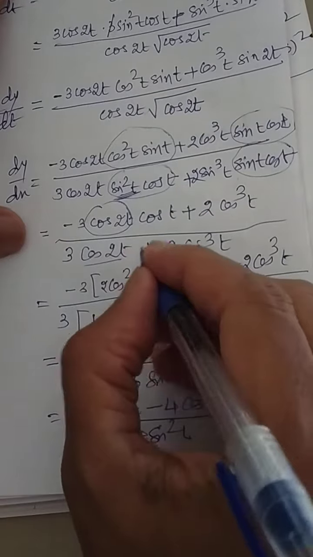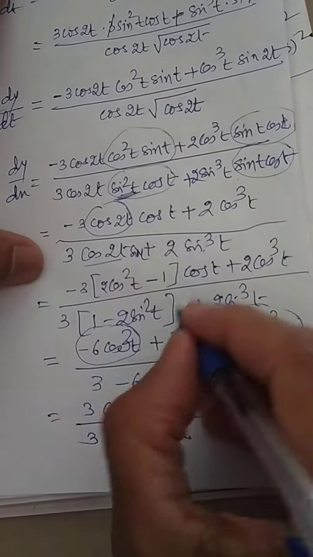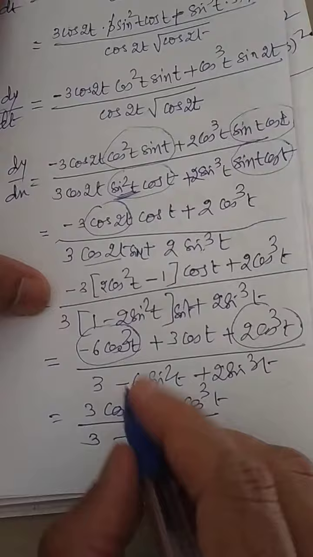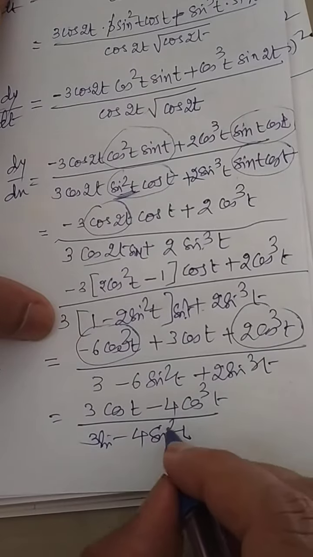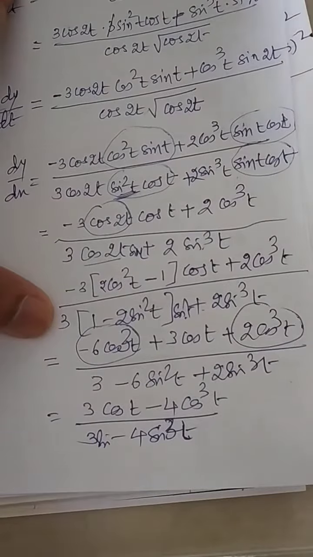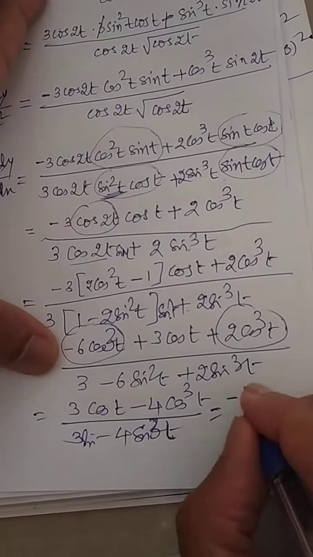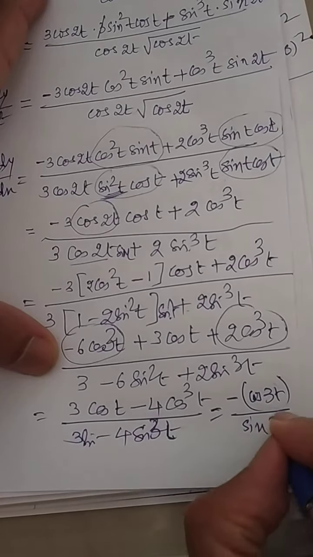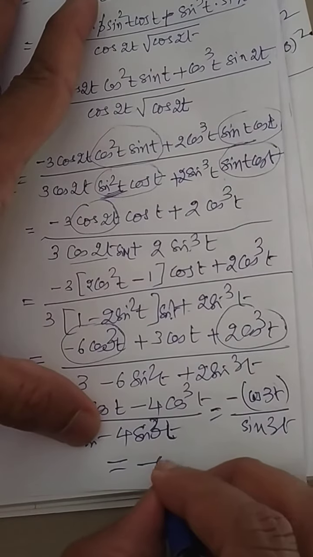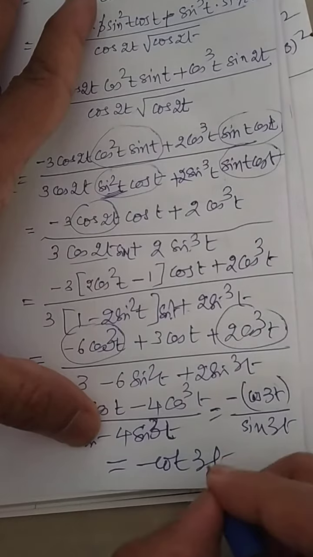One sin t will be left here. So this sin t will be coming over here. So it is nothing but 3, here sin t is there, no? So it will be 3 sin t minus 4 sin cube t. Now take out the negative sign, it becomes cos 3t, and this is nothing but sin 3t. So the final answer is nothing but minus of cot of 3t, minus of cot of 3t.